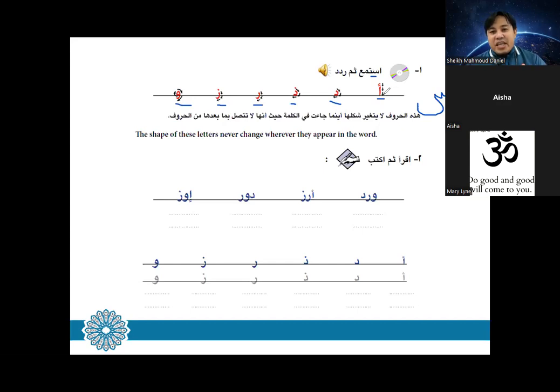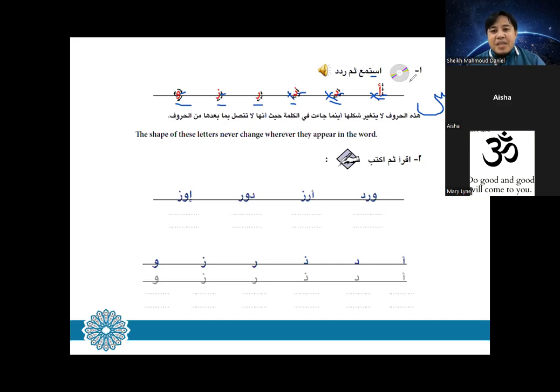They can be connected at the beginning, take note, okay? But they will never be connected after. No letter can be connected after them. Like this here, nothing. It will not be connected.